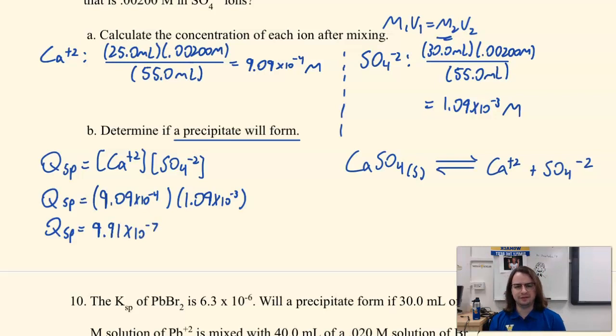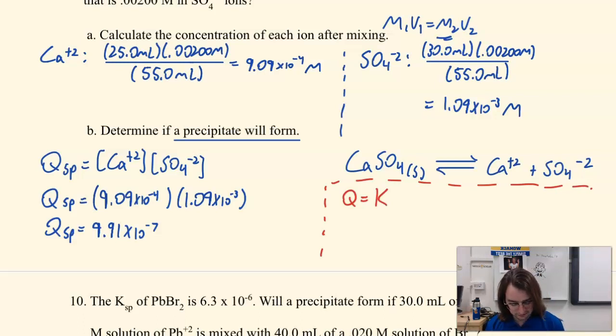Cool. So what does this mean? Well, let's make ourselves a little box here so we can give ourselves a little more information. So what we're doing is we're comparing Q to K. If Q is equal to K, then we're at equilibrium.